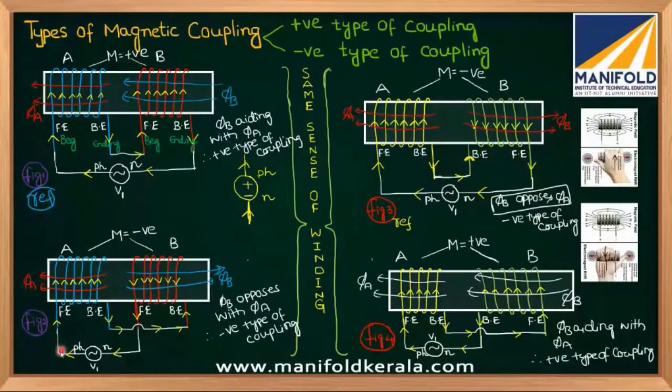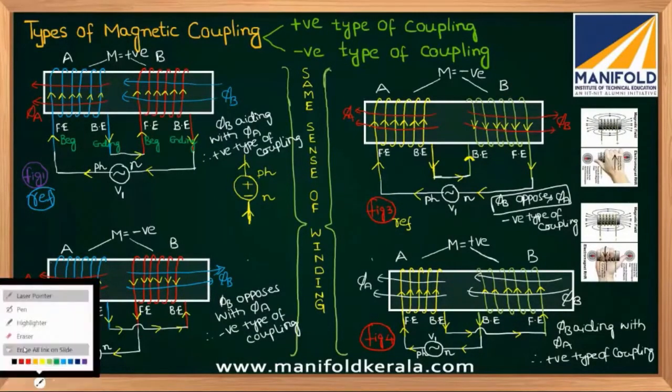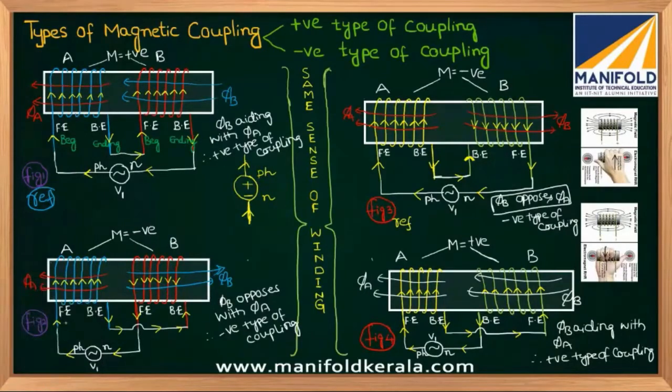So please try to see figure number 2. Please tell me regarding your point of view. You said whenever current is entering, you call it the beginning end. Yes, I call it the beginning end. Leaving, ending end. Okay, here it is entering. Entering means, regarding your point of view, what should you write here?